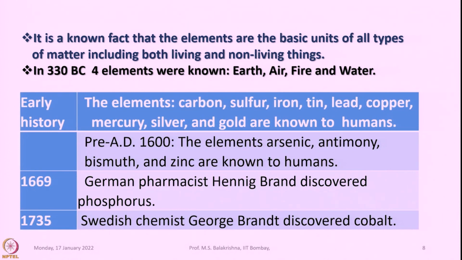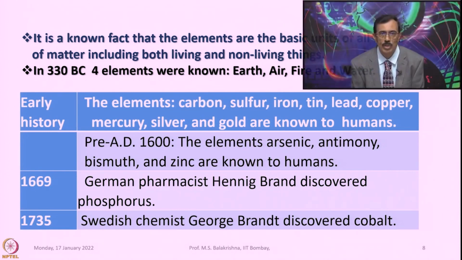And in early civilizations, when you go back to 5000 to 8000 years, elements such as carbon, sulfur, iron, tin, lead, copper, mercury, silver and gold were known to mankind, and about 1600 years ago elements such as arsenic, antimony, bismuth and zinc were also known to humans.